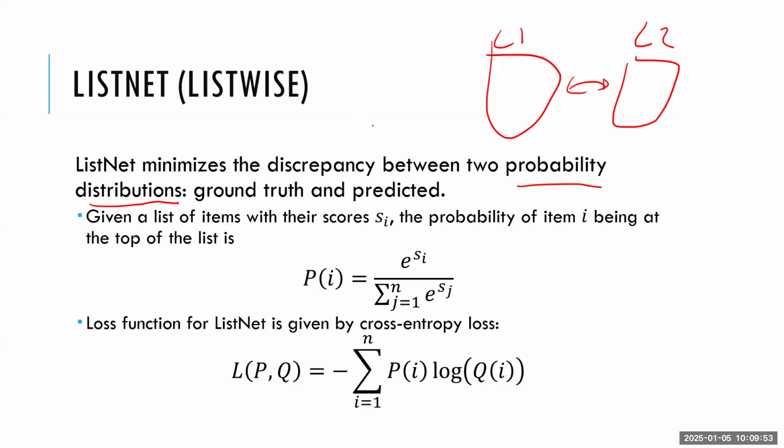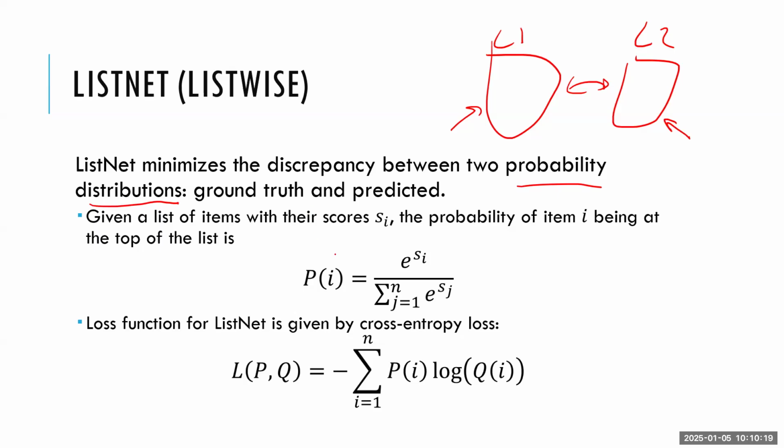It is that to compute this list, one list would be the ground truth, one list would be from the prediction. They want to have a probabilistic model of how this list is constructed.